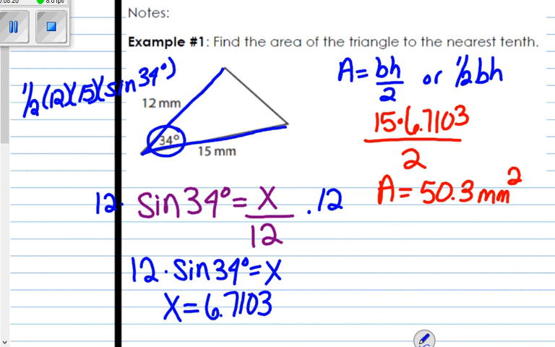Okay? So here's the deal. We're used to 1/2 times base times height. Well, you can think about it as pretend this is the base, pretend this is the height. The only thing that you're adding in now is the sine of the angle they give you.